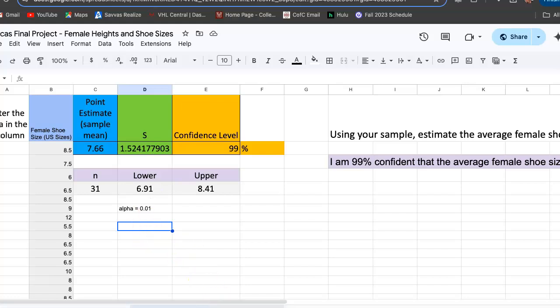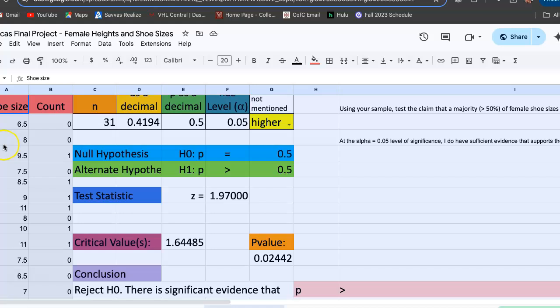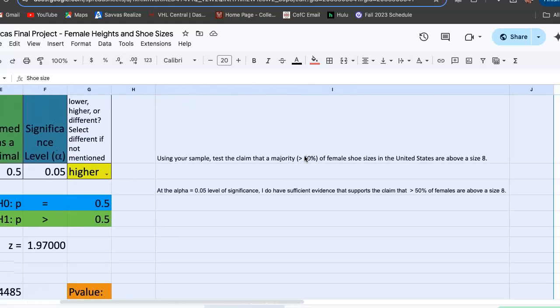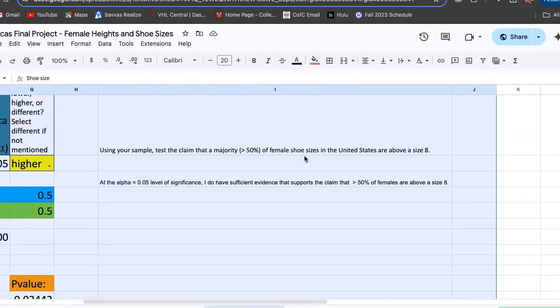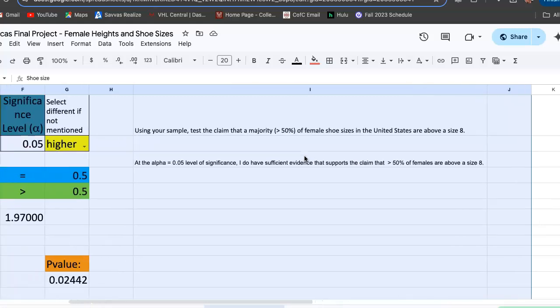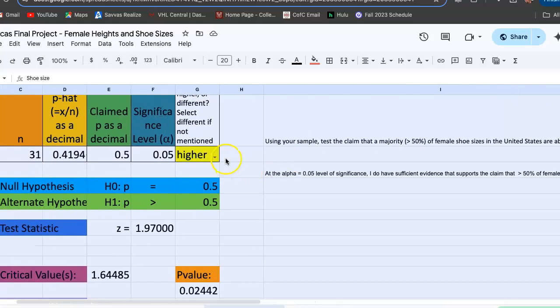And then let's go on to the hypothesis test. So the question I was testing is, do more than 50% of female shoe sizes in the US exceed size 8?